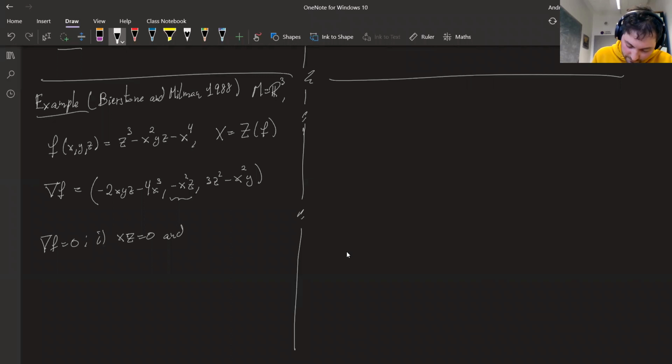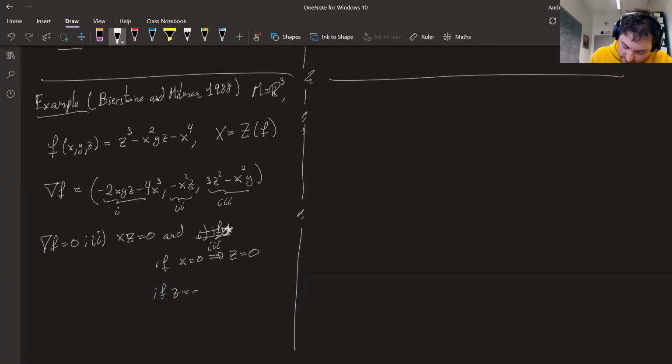We know that 2 implies that xz has to be 0, and 1 therefore implies that if x is equal to 0, then by 3, z is equal to 0.